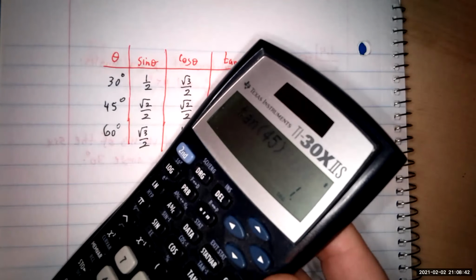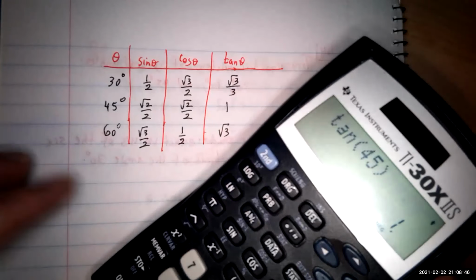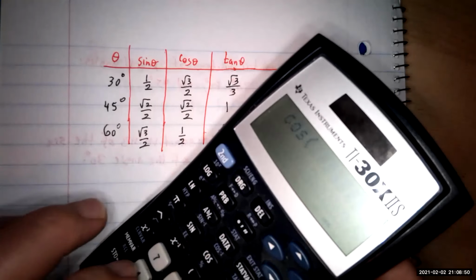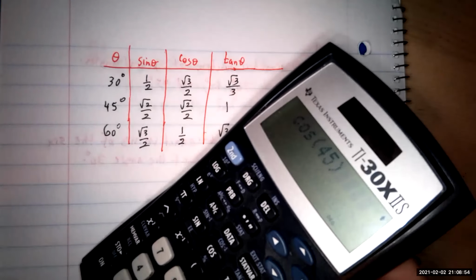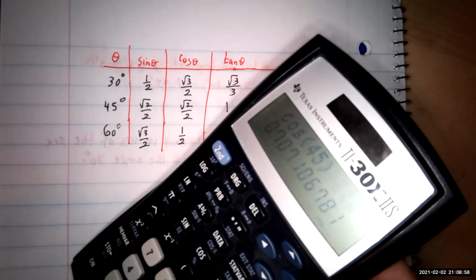Of course, if you want to find, for example, the cosine of 45, that gives you 0.7 something. You see, 0.70, it's not exact.